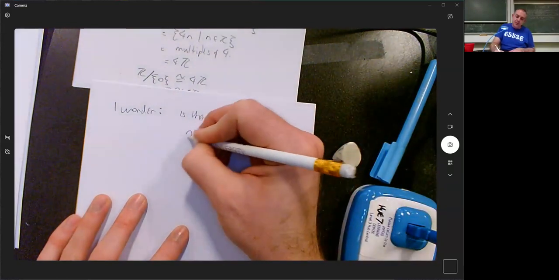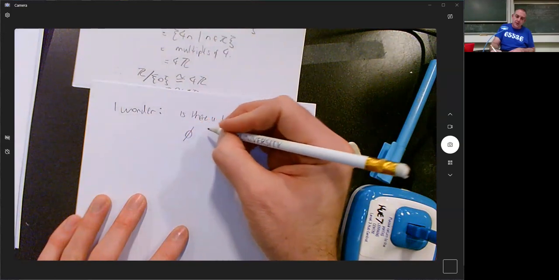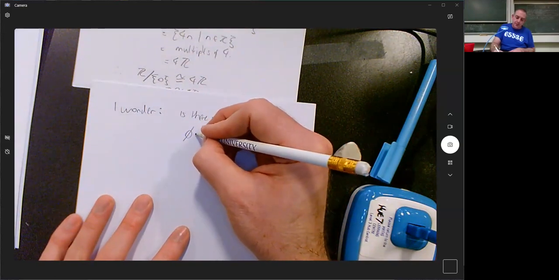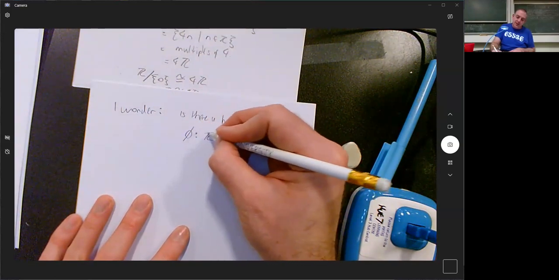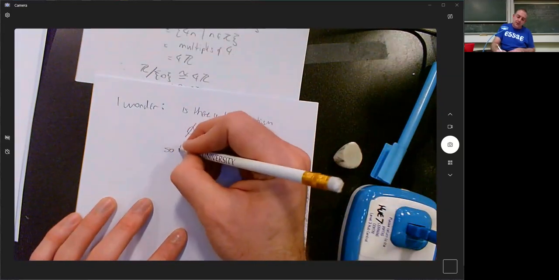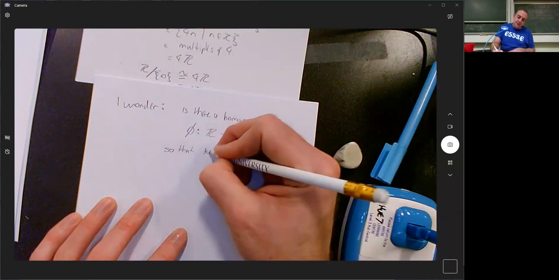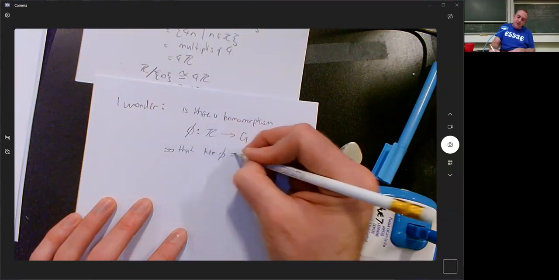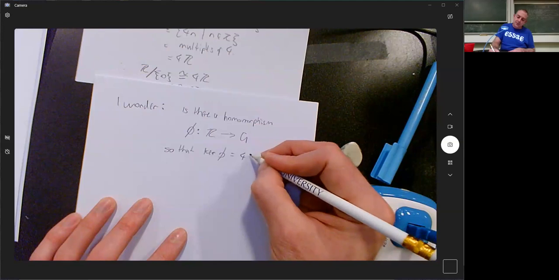Is there a homomorphism phi from Z to somewhere, I don't know where, so that the kernel of phi is 4Z?